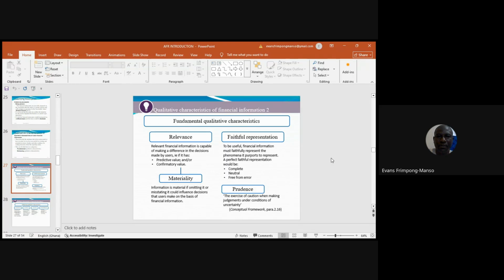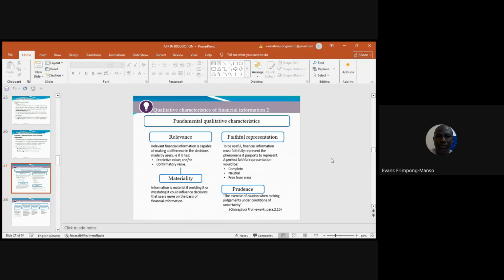So information is relevant when it possesses a predictive value and a feedback value. The feedback value is the confirmatory value.